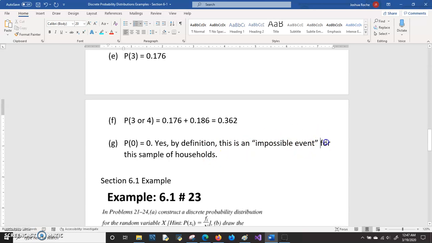And that's important to specify because, of course, it really is not impossible. There are households in the world that have 0 TVs, so it wouldn't be probability of 0 for every household in the world. But for this sample, there were no households that happened to have 0 TVs. All households had a TV.